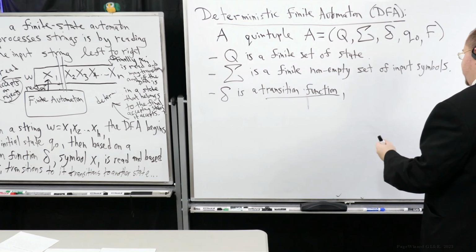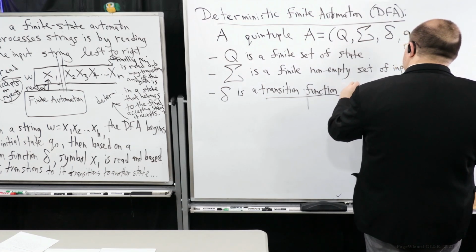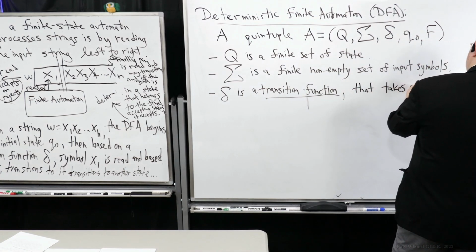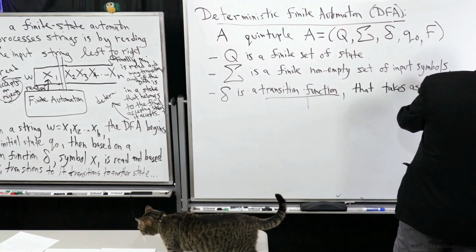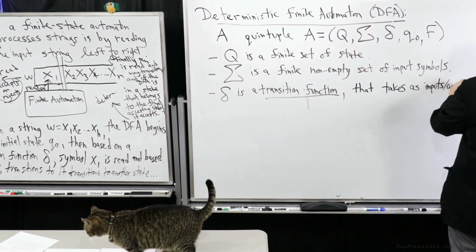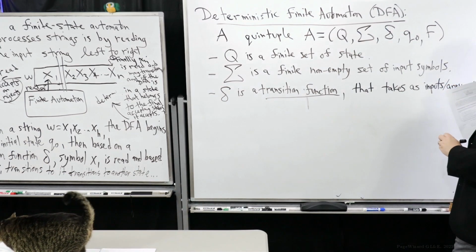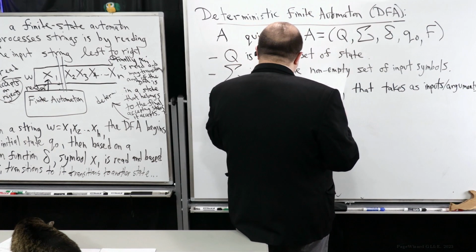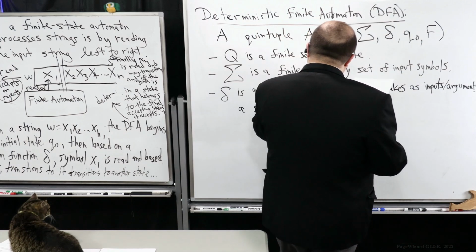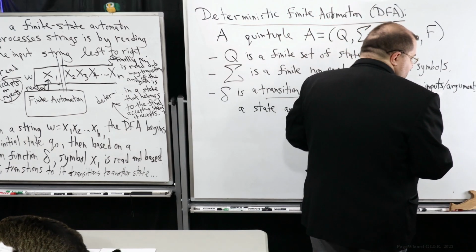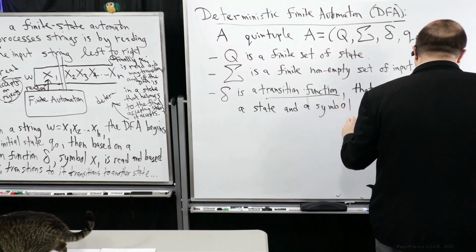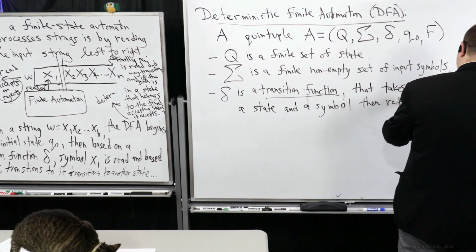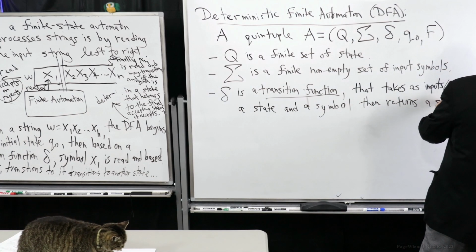Delta is the name of the function, just to be very clear, that takes as inputs or arguments, whatever you would like to call them, a state and a symbol. Then it returns a state.